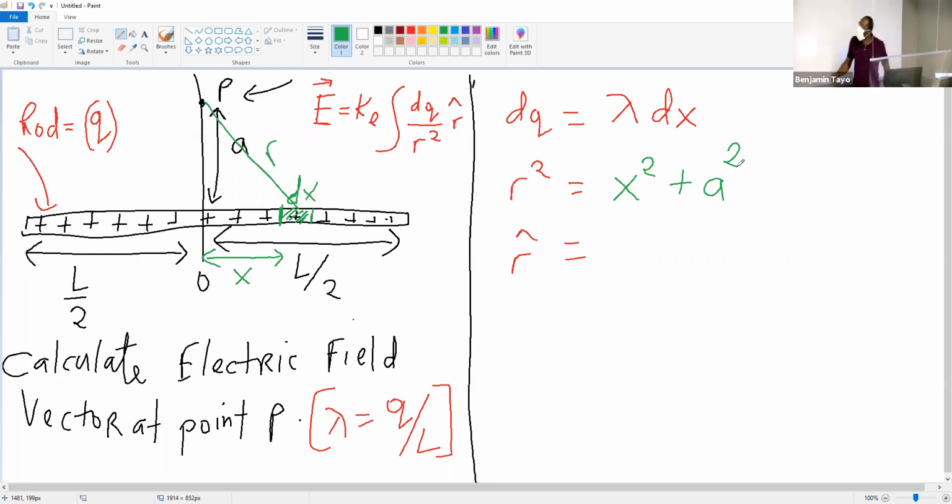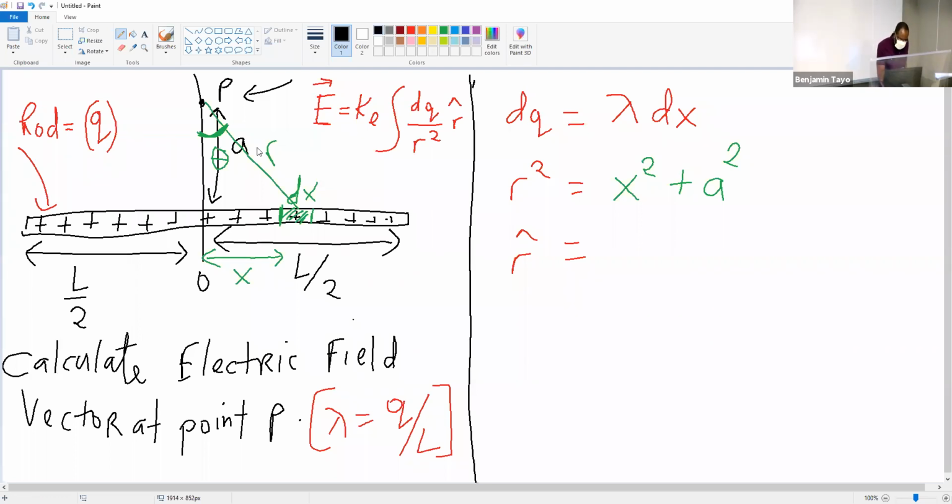Now, what is my r hat? So my r hat vector. To get my r hat vector, let's put an angle here. I'm going to call this angle theta.